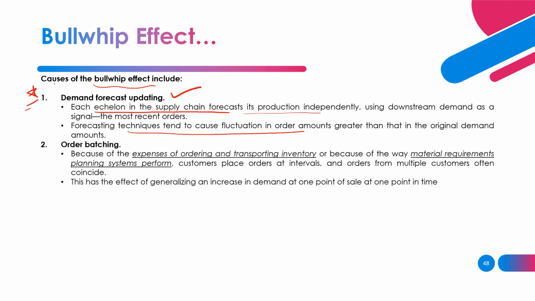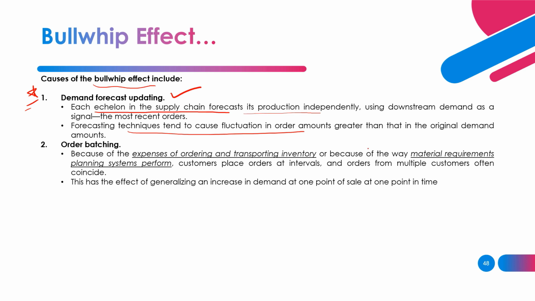The second one is order batching. Order batching means, due to the expense of ordering and transport activities, maybe due to poor material requirement planning platforms, customers place orders at different time intervals, as well as orders from multiple customers.